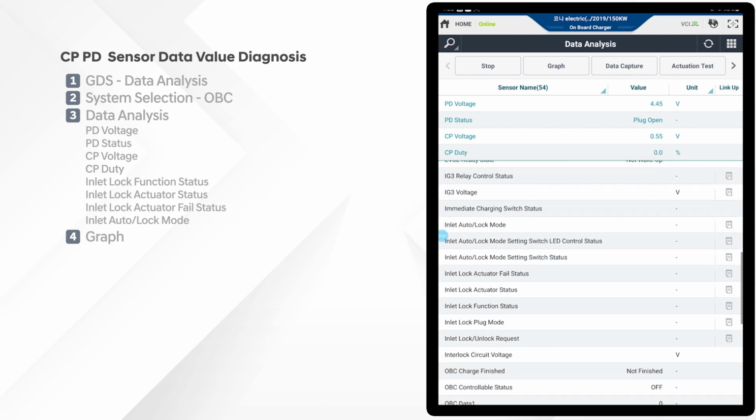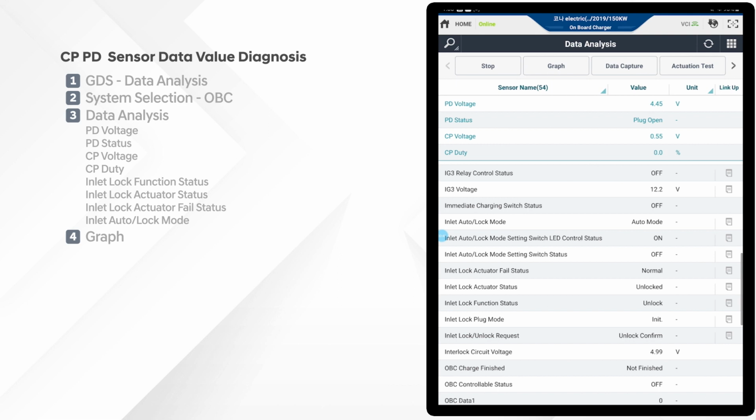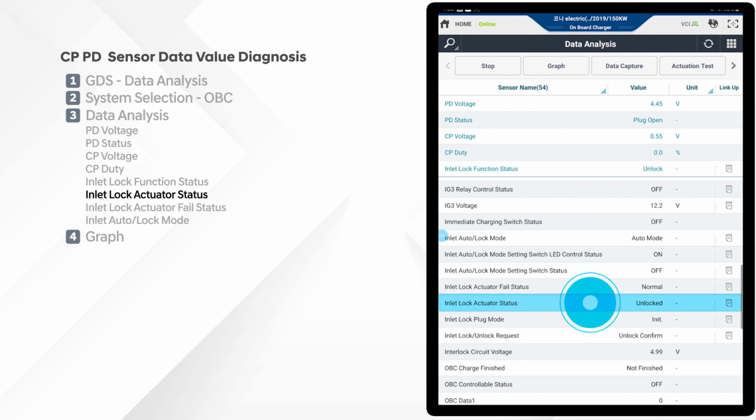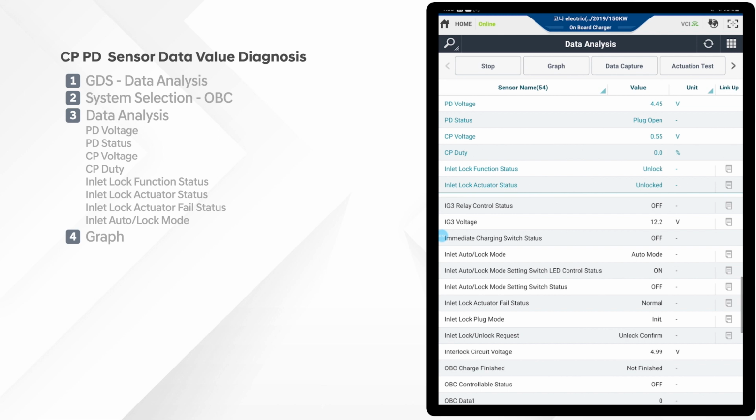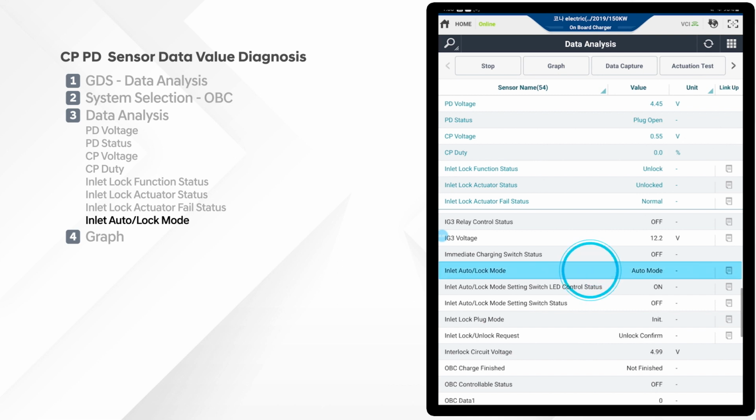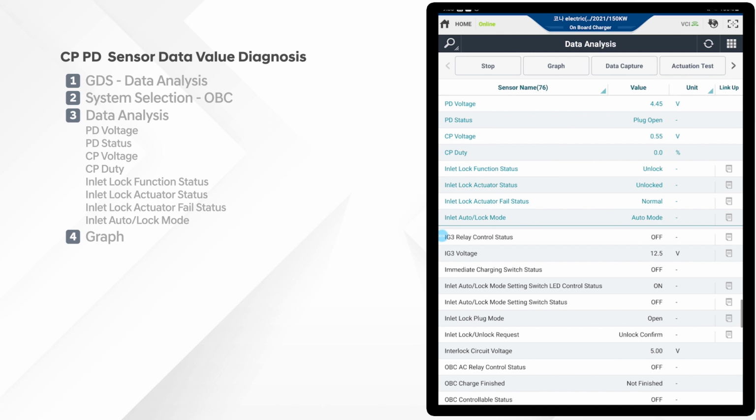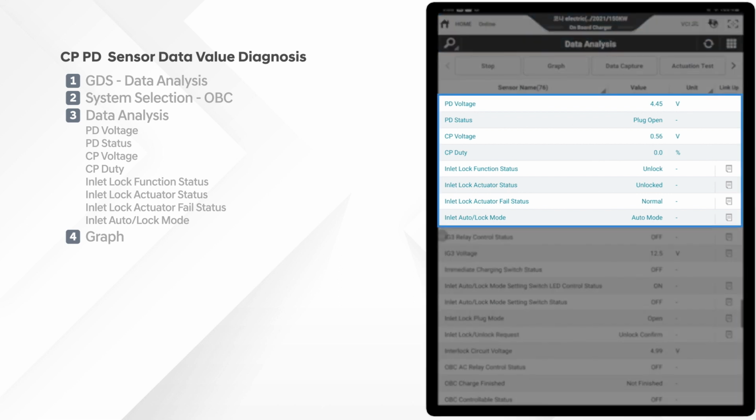And to monitor inlet lock status at the same time, select Inlet Lock Function Status, Inlet Lock Actuator Status, Inlet Lock Actuator Fail Status, and Inlet Auto Lock Mode. Go to Graph Mode.